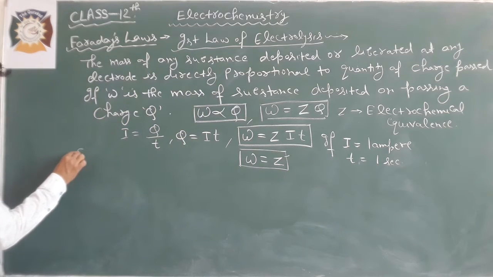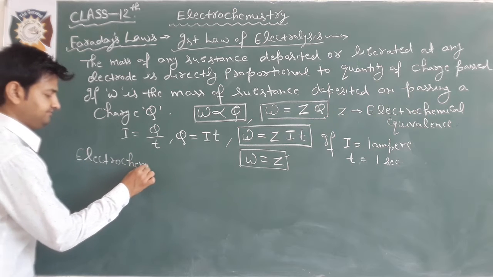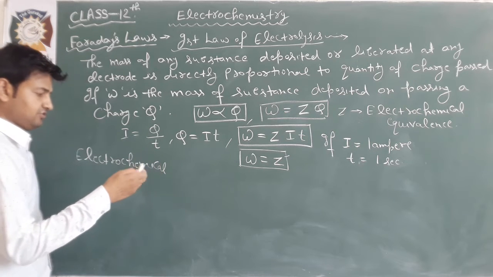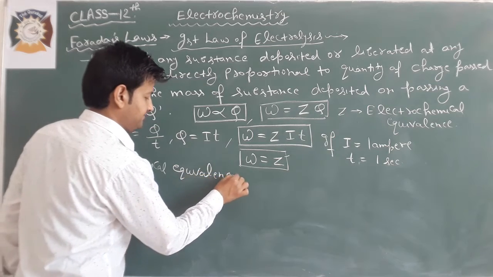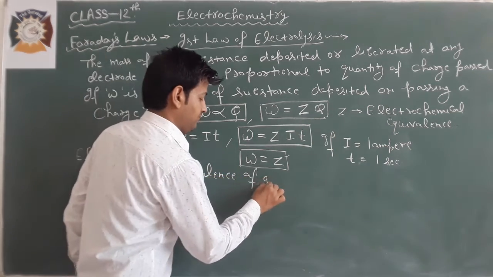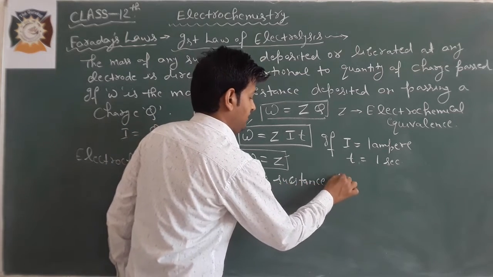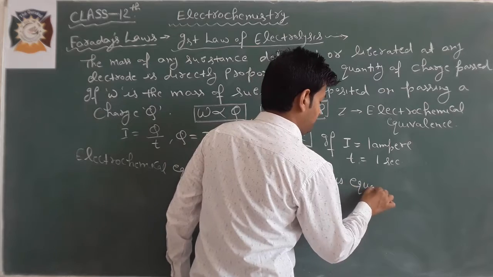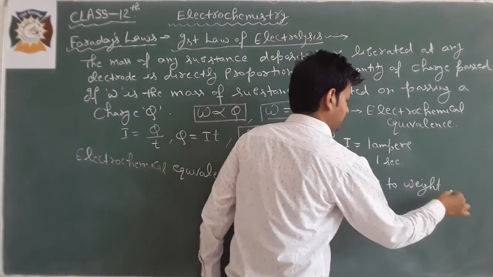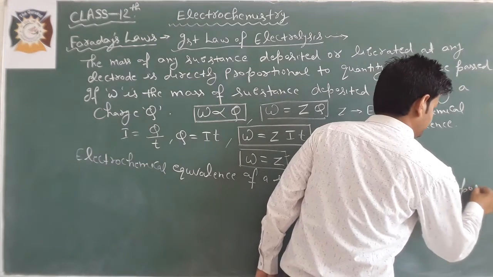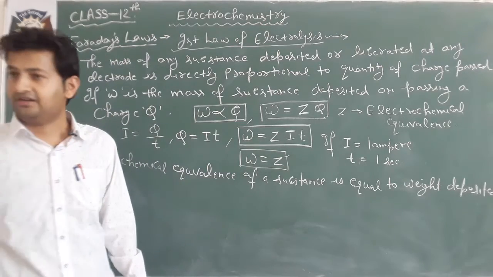The electrochemical equivalent of a substance is equal to the weight deposited on the electrode.